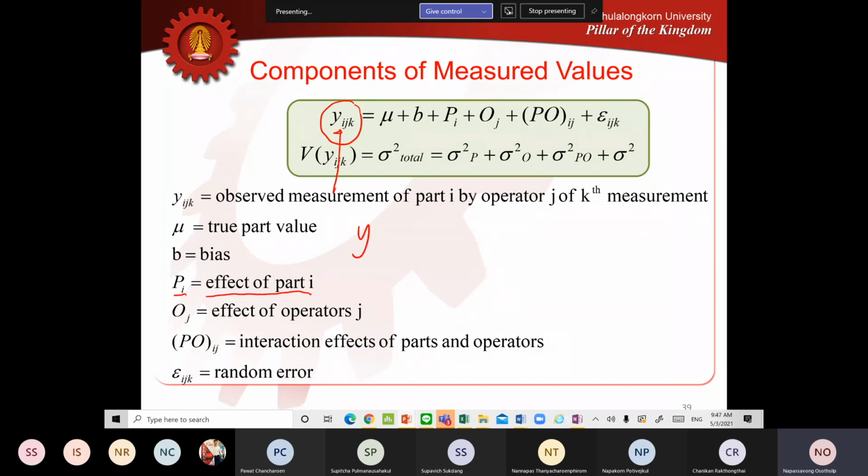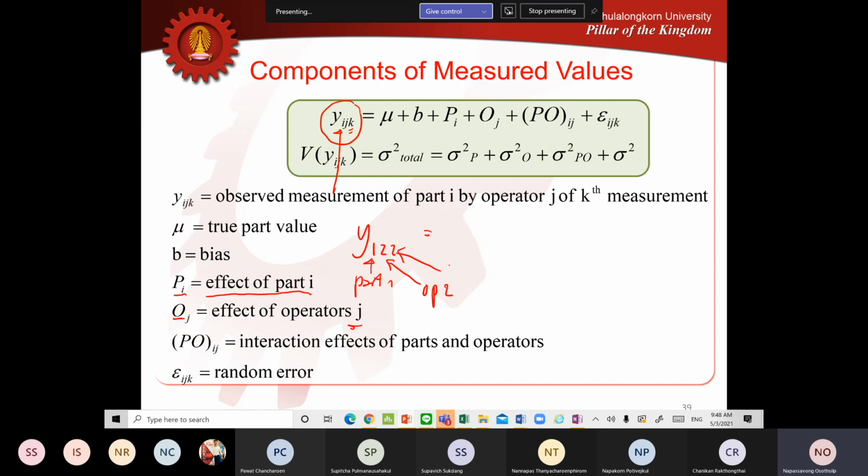For example, Y_122 means the measurement of part number 1 by operator j, operator number 2, and the index k means the round that they do the measurement.